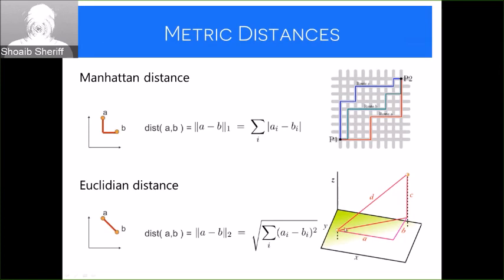It's a little more direct distance, and it emphasizes bigger differences.